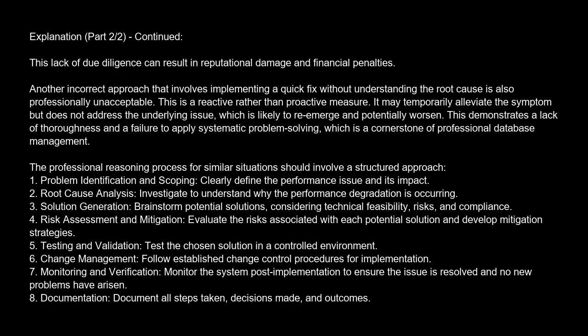Testing and validation. Test the chosen solution in a controlled environment. 6. Change management. Follow established change control procedures for implementation. 7. Monitoring and verification. Monitor the system post-implementation to ensure the issue is resolved and no new problems have arisen. 8. Documentation. Document all steps taken, decisions made, and outcomes.